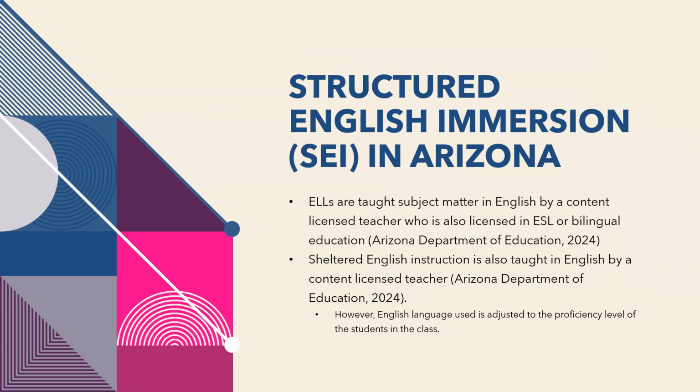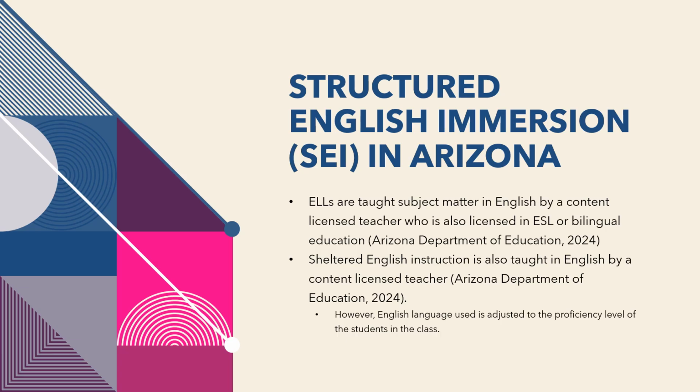Now we'll move on to Structured English Immersion, or SEI. ELLs, or English language learners, are taught subject matter in English by a content licensed teacher who is also licensed in ESL or bilingual education. This differs from sheltered English instruction because sheltered English instruction is also taught in English by a content licensed teacher.